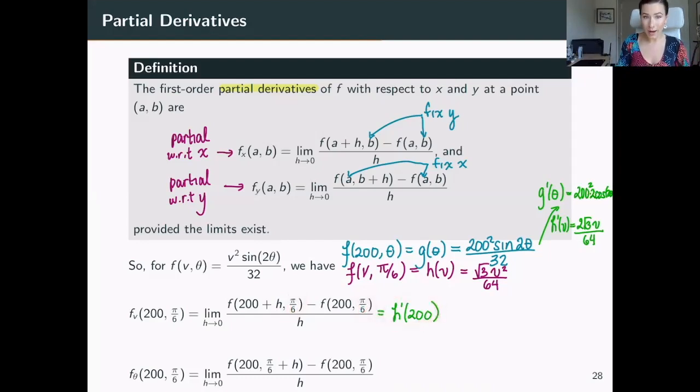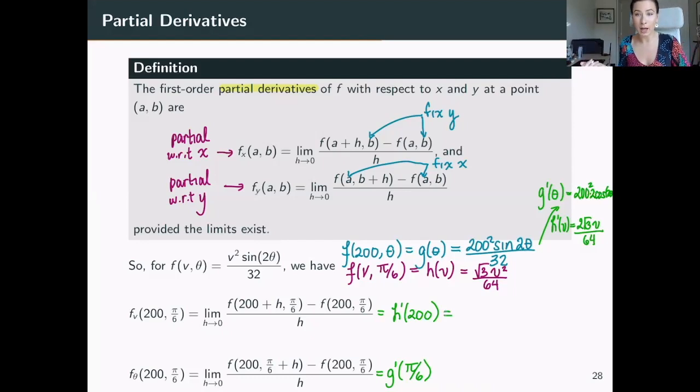In the same way, here I've fixed my value of v, and so the rate of change here, this entire term, is just in terms of changing our theta value. So here, this is equal to g prime of pi over 6. Both of these are functions that we can evaluate and have evaluated the derivatives of.